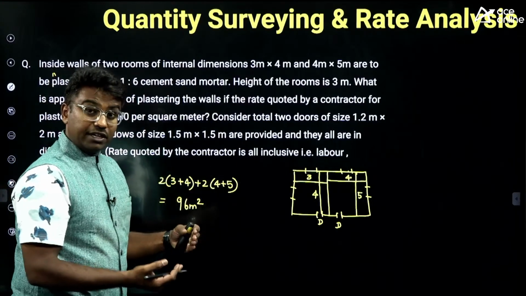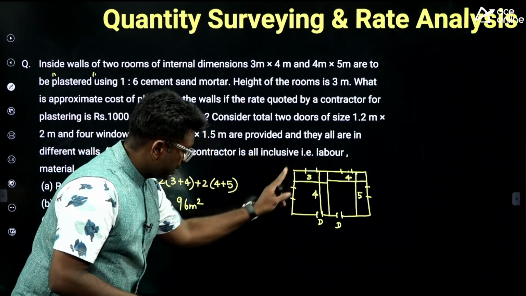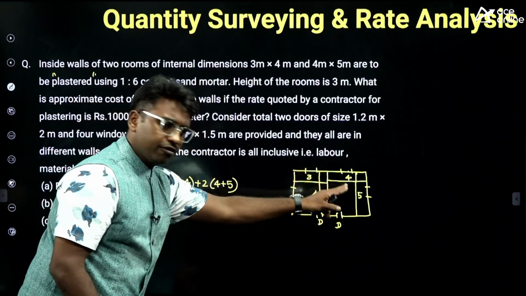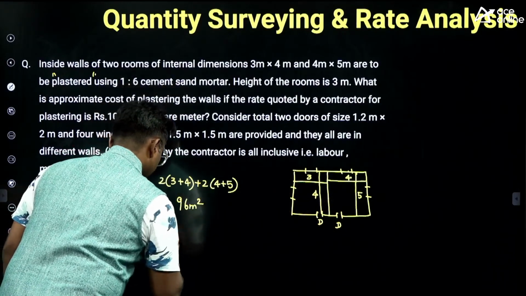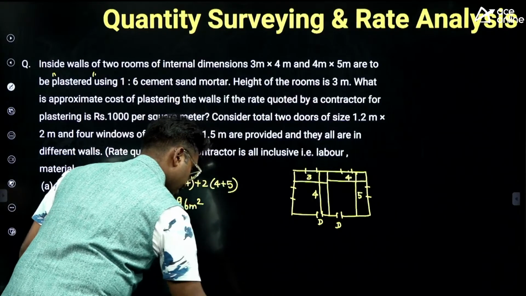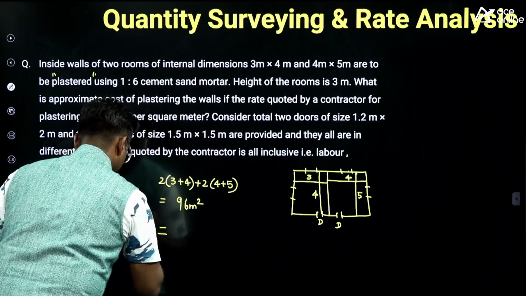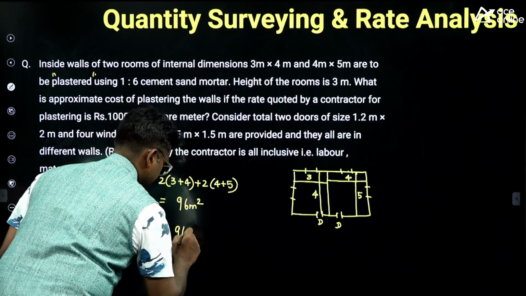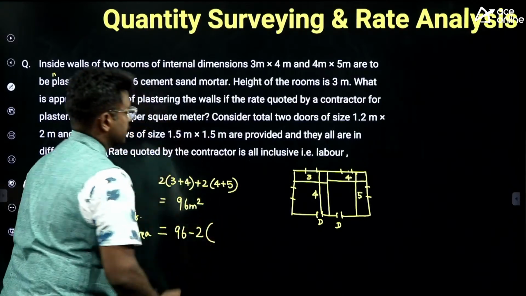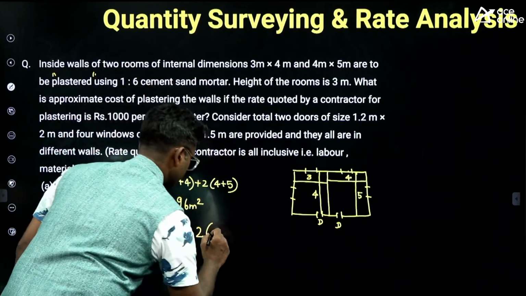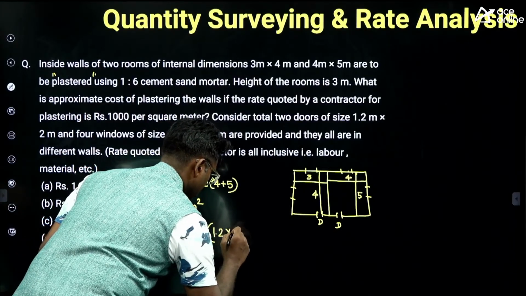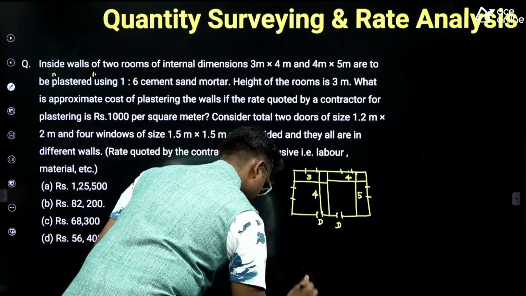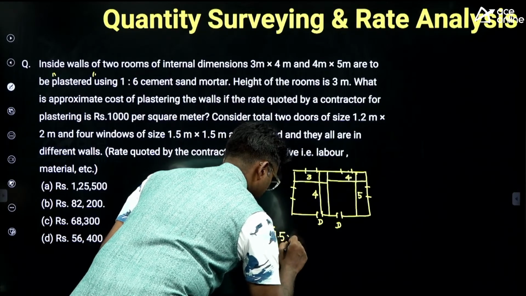Okay. After that, reductions are there, right? This is a total area for the internals. Now we have to do reductions where we have 2 doors and 4 windows. So that would be nothing but total area is 96 minus 2 doors, sizes of what? 1.2 by 2, minus 4 times of what is the windows? 1.5 by 1.5.